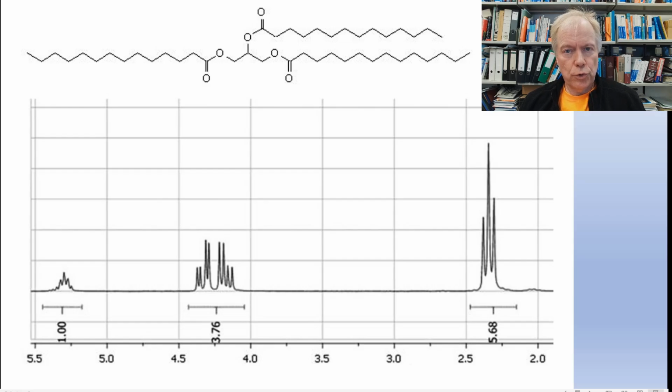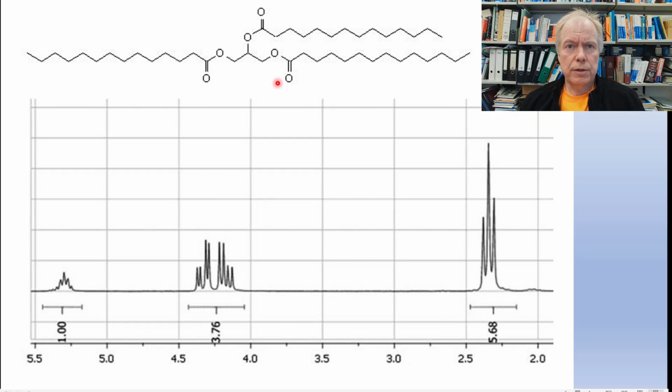In today's tutorial, we will have a closer look at an NMR spectrum. It's this part of the NMR spectrum of trimyristin. Trimyristin has this structure. It is the main component of the nutmeg.